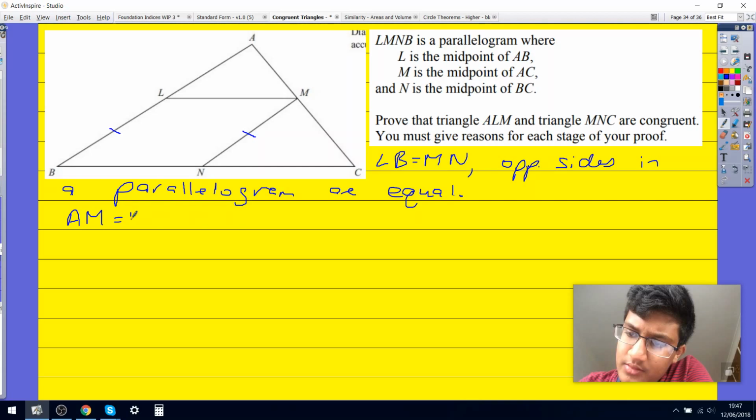Let's see. So it's the triangle ABE, that triangle there. And then it was ADG. So the triangles don't share any sides.